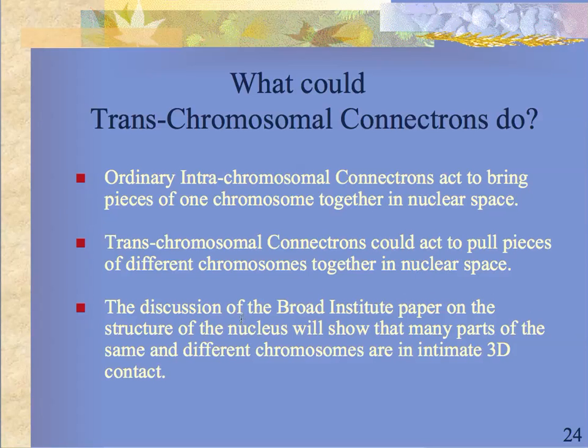So the Broad Institute has a paper on the structure of the human nucleus, and they show very nicely how many parts of the same and different chromosomes are in intimate 3D contact with each other. And so the transchromosomal connectrons, along with the condensin proteins, might be a way of helping to define the structure of the nucleus of a genome in 3 space.